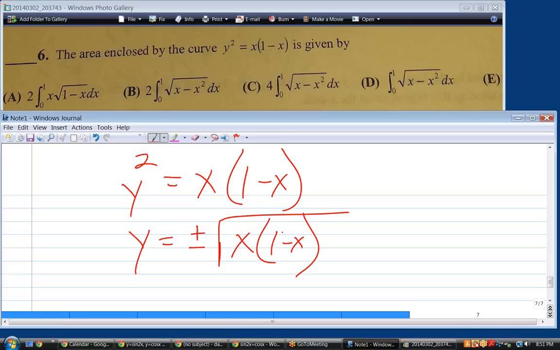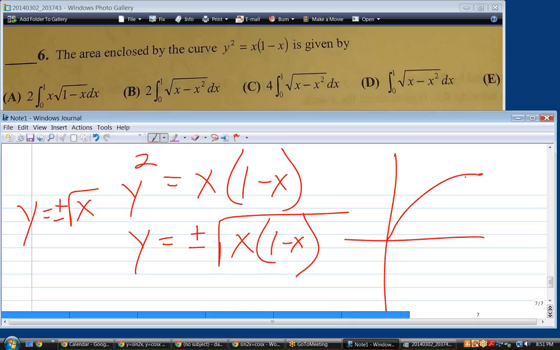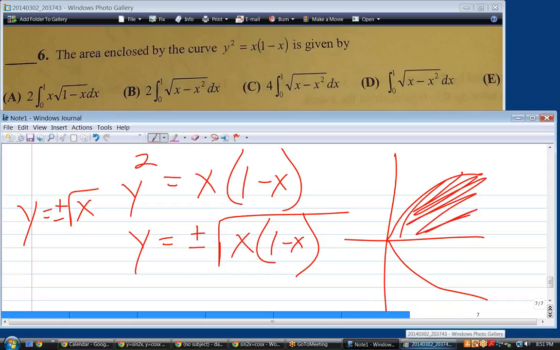Notice that if I had y equals plus or minus square root of x, there's the plus square root of x, there's the minus square root of x. So if I found the area under the plus side, I would multiply it by 2 to get the area of the whole thing.